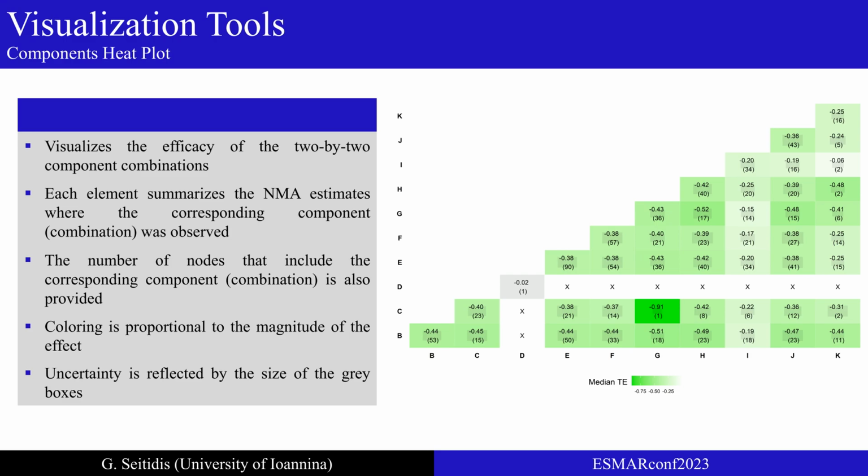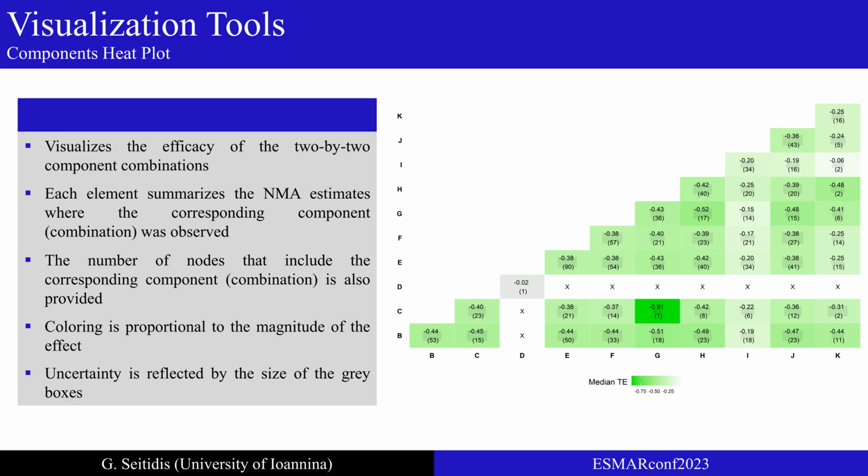To identify more easily the most promising components, each element was colored according to the magnitude of its effect. Green color is used to reflect an effect estimate in the desired direction, while red color is used to reflect an effect estimate in the opposite direction. In this example, most elements are green, indicating that the components reduce the level of glycated hemoglobin compared to the control group.